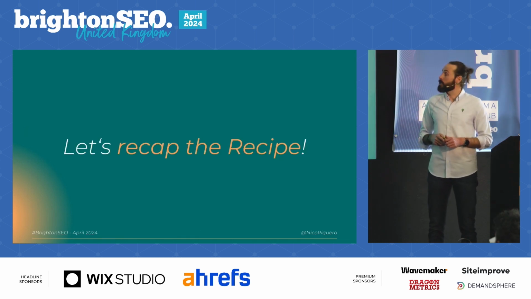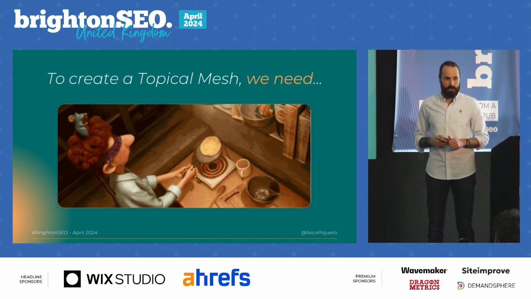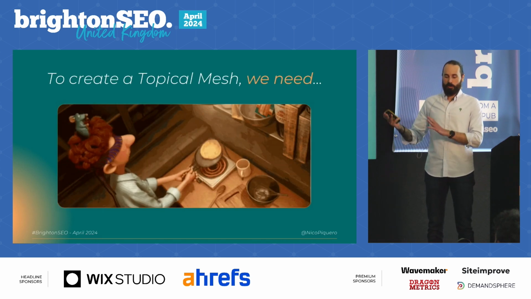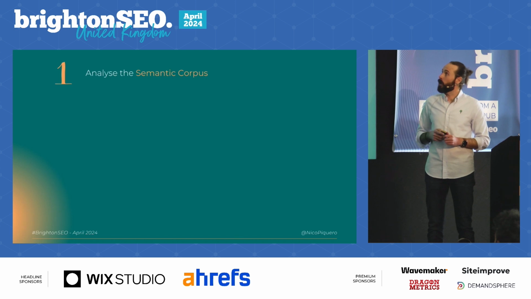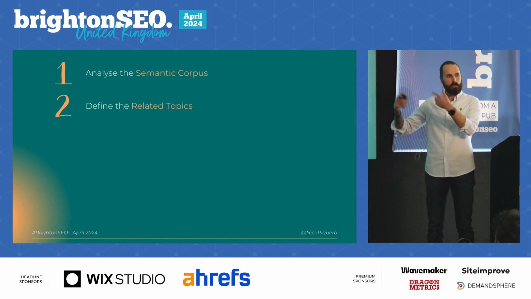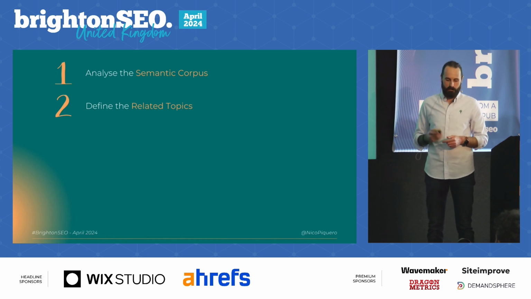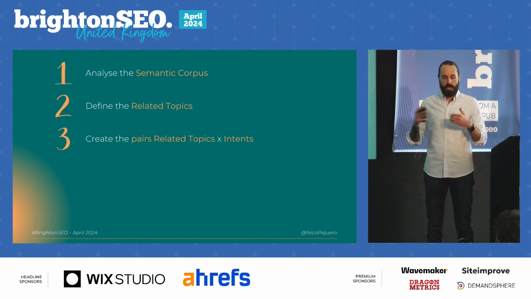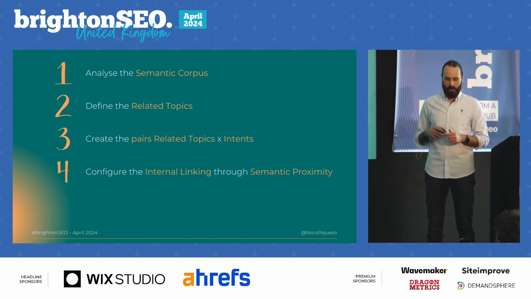So let's recap the recipe. Let's get cooking. To create a topical mesh, we need: 1, to analyze the semantic corpus. 2, to define the related topics based on the semantic corpus analysis. 3, we want to create the pairs of related topics and intent based on our audience, the SERPs, and our expertise. 4, we want to configure the internal linking through semantic proximity.